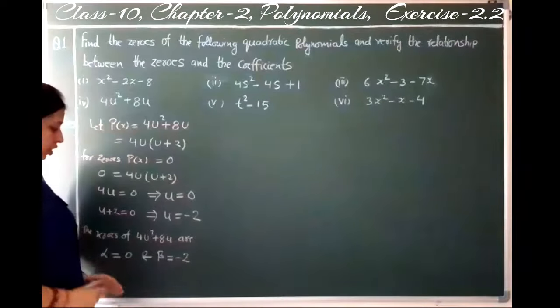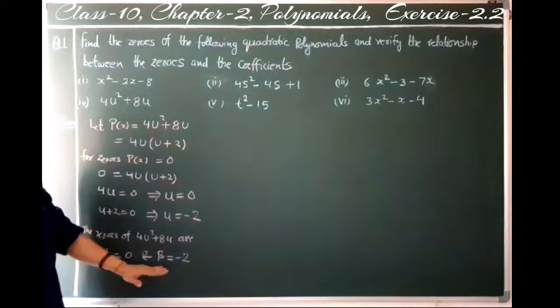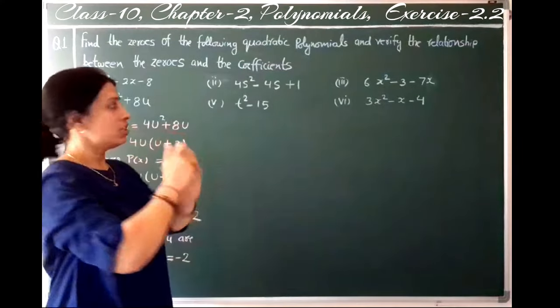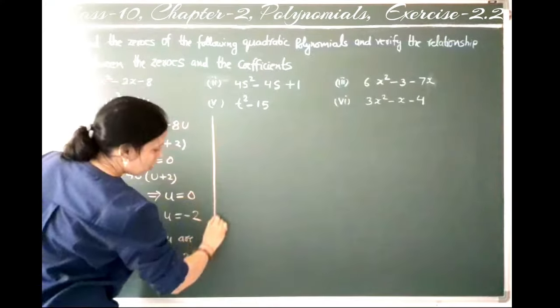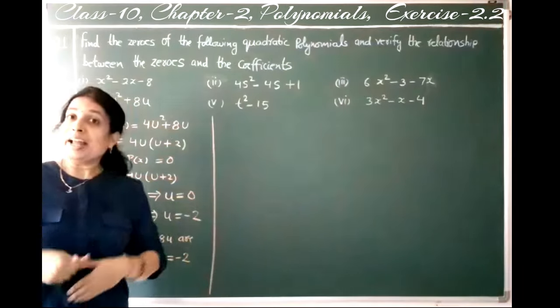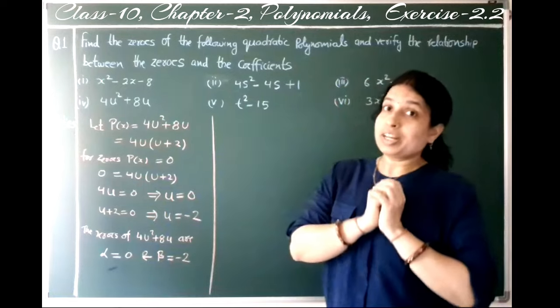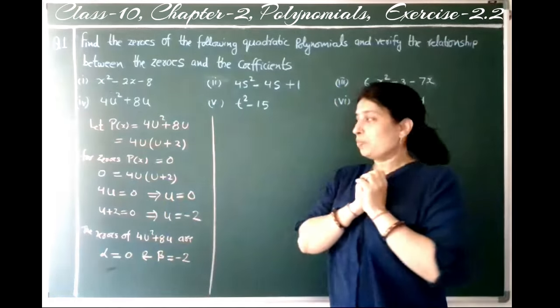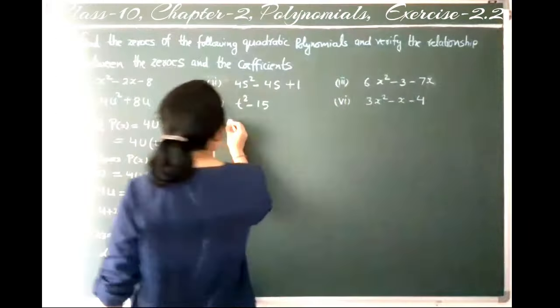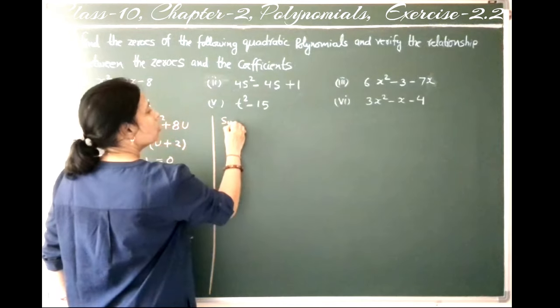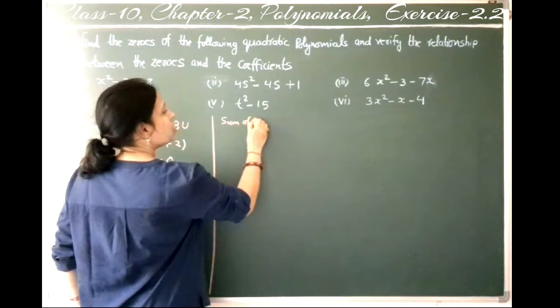Now we have two zeros, alpha is equal to 0 and beta is equal to minus 2. Then next we have to verify the relationship between zeros and coefficients of the polynomial. So first we have to write the sum of zeros.